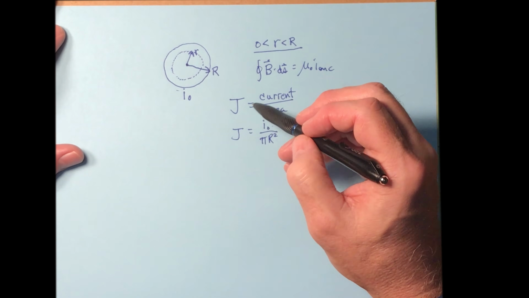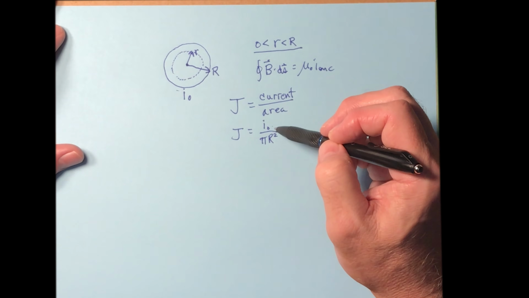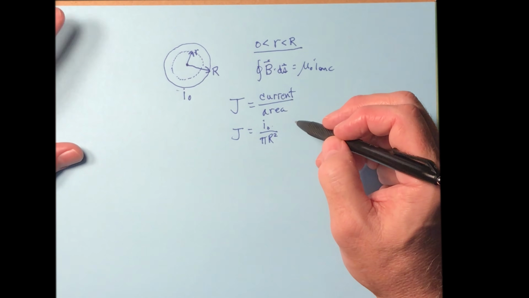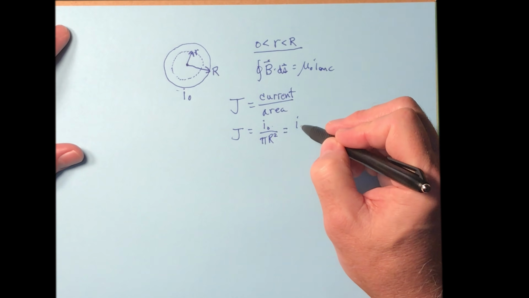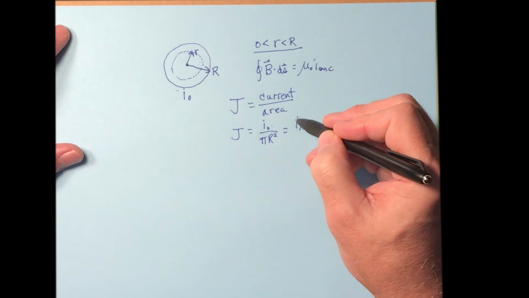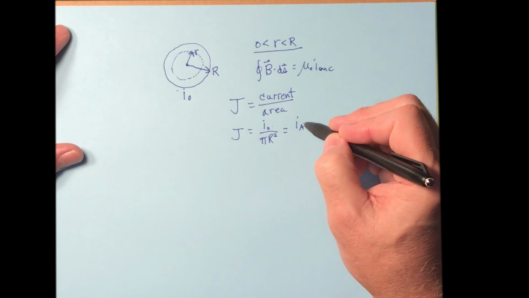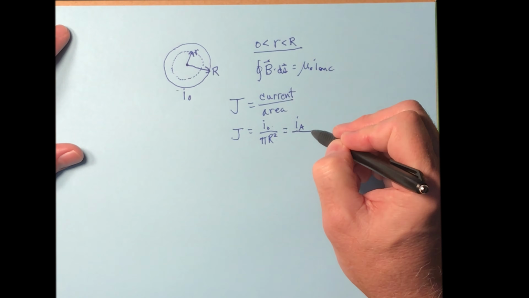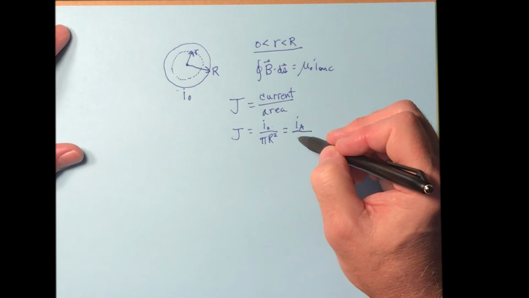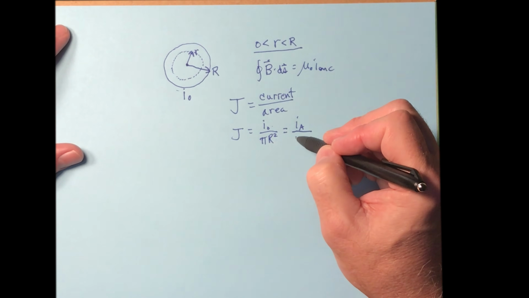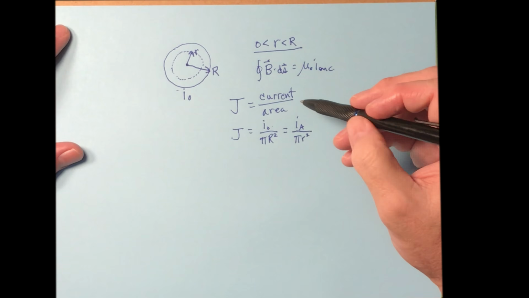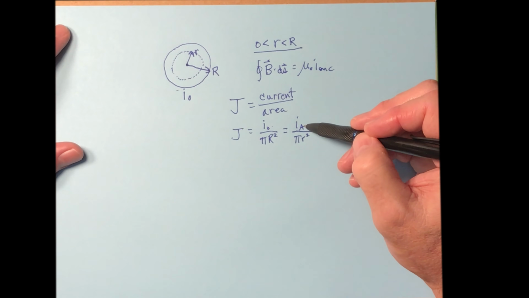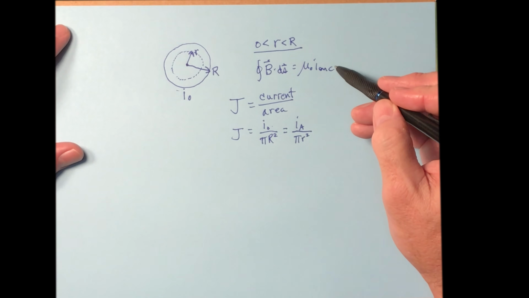But since J is a current density, it's going to be a constant for the amount of current, let's call I sub A, the current that's inside my Amperian loop, divided by the cross-sectional area of my Amperian loop, which is just going to be pi little r squared. So this I sub A is the amount of current that's enclosed inside my Amperian loop.